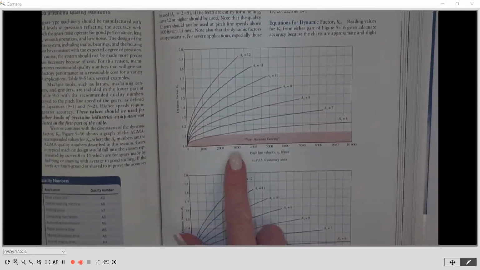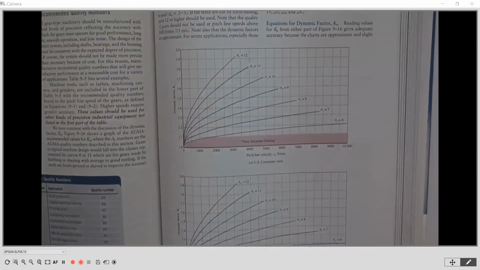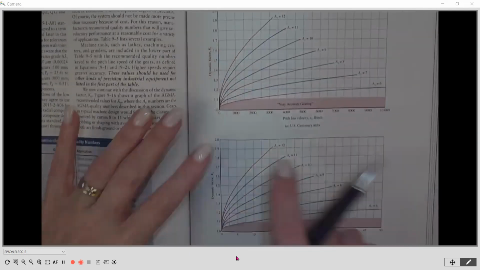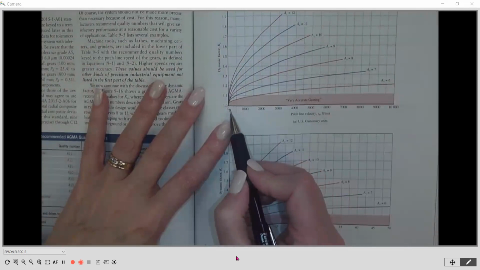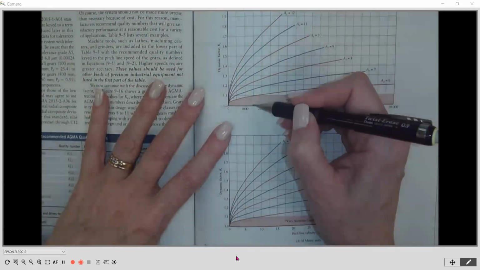Our pitch line speed we're going to find was on our spreadsheet. I can look back on there. Our pitch line speed was 1527. So if we find where 1527 is, we have 1,000, 2,000, so 1,500 is right in between.